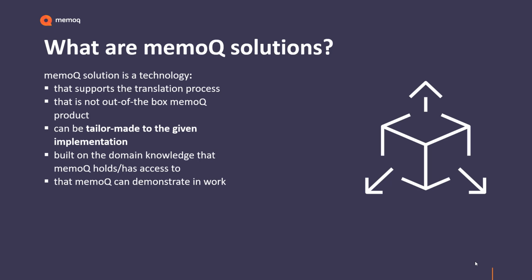These solutions are built on the domain knowledge that memoQ as a team has in certain technologies. In our case, these are technologies that the content management systems, different information management systems embody.